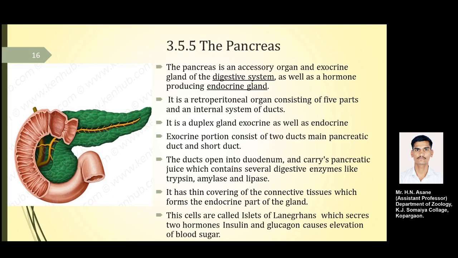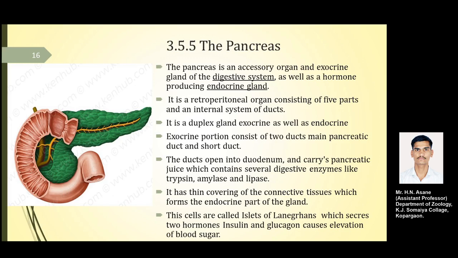Some cells in the pancreas secrete their secretions directly into the blood, and they form the endocrine part of the pancreas. And those structures having a duct system which opens into the duodenum form the exocrine part of this gland, hence it is called the duplex gland.